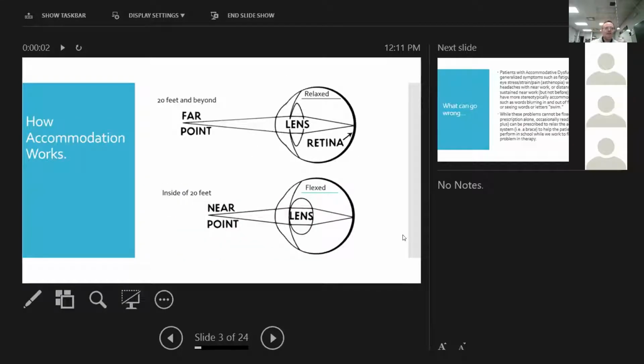So here's a little diagram, and I don't know if you can see my pointer or not, but if we think about 20 feet and beyond, what makes this interesting to me is if you actually have them stand up and look out straight ahead, the way the human body is built, our eyes should hit the ground, as long as we don't have our chin up or we're not going into up gaze.